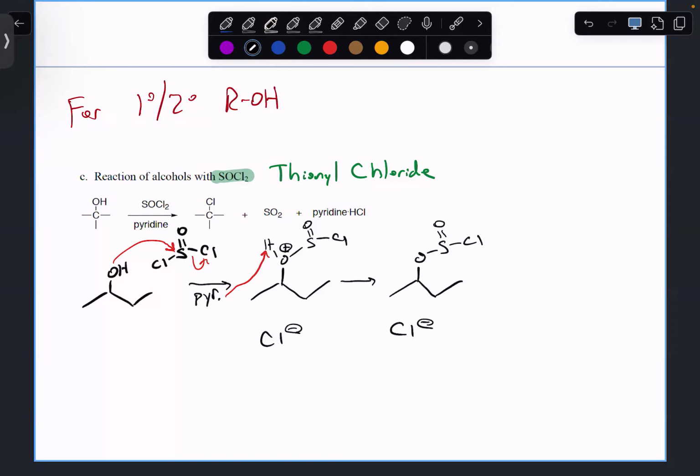Just like we saw with the PBr3 mechanism, this whole thing is just a big fancy leaving group. And so the chloride that we kicked out is just going to come in and attack and cause that group to leave, resulting in the chlorination.